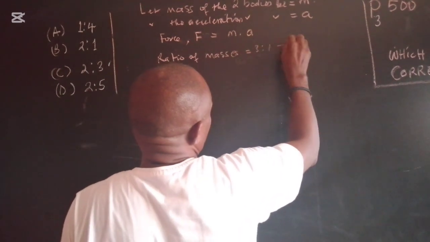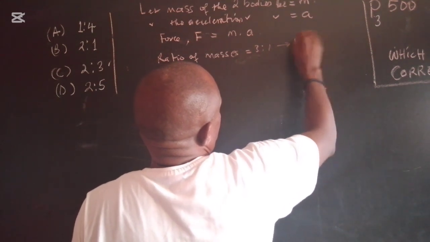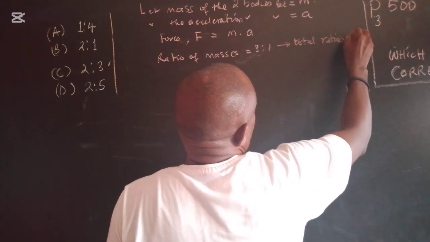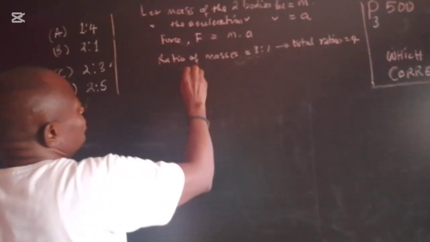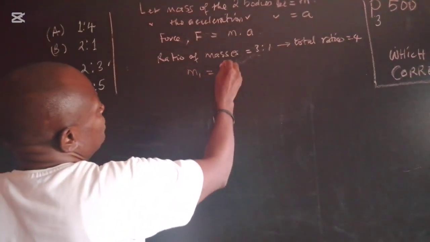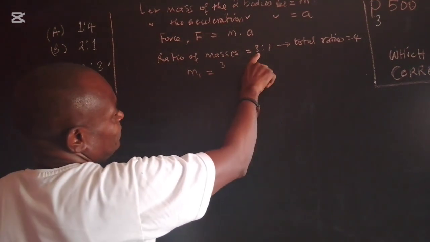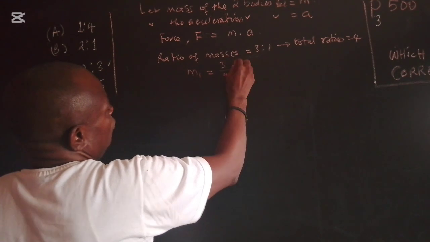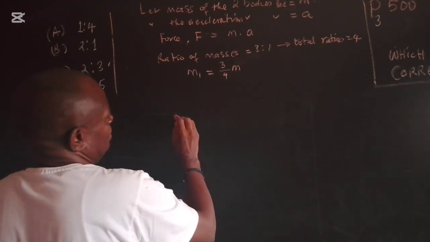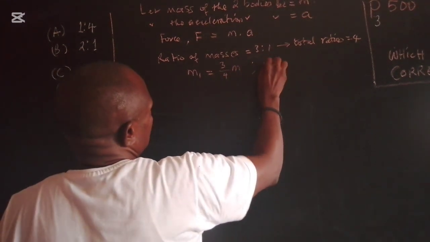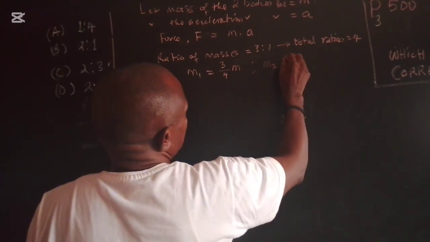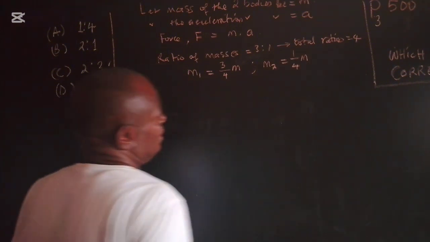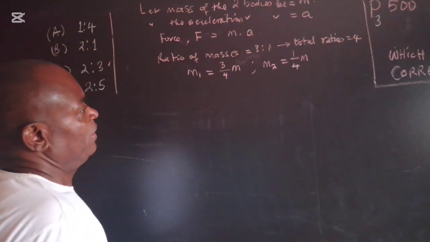So the total ratio here is equal to 4. So the mass of the first body is going to be 3 over the total ratio of the entire mass, because this is referring to the first body. In the same way, the second body is going to be 1 over the total ratio of the entire mass of the two bodies.